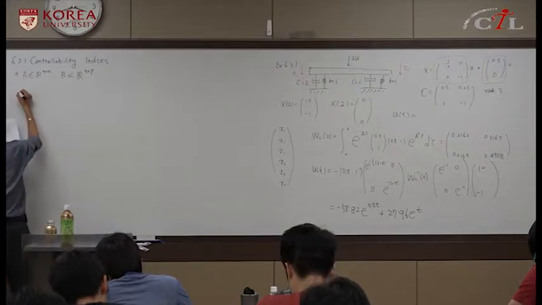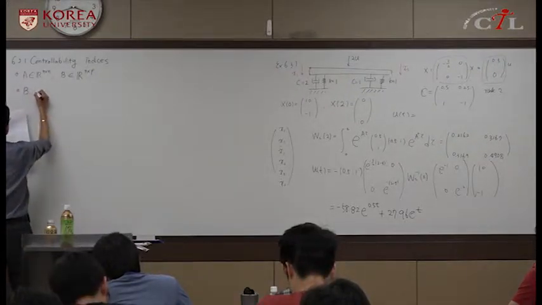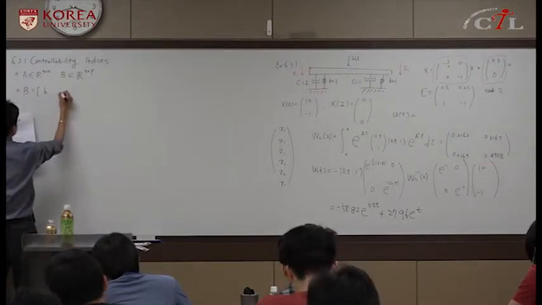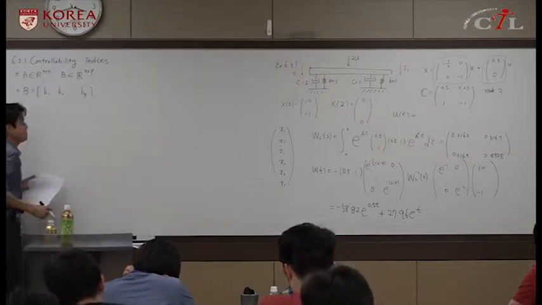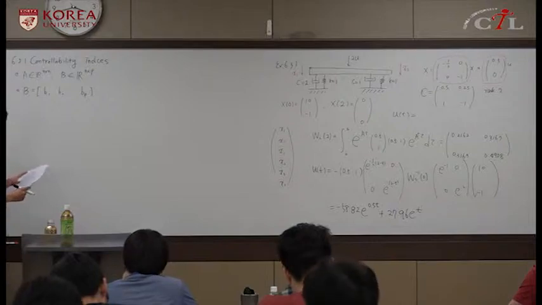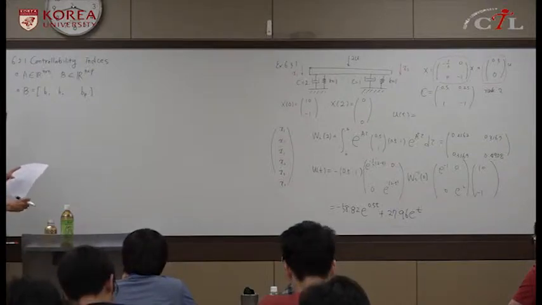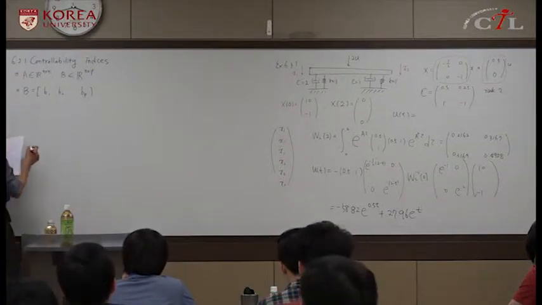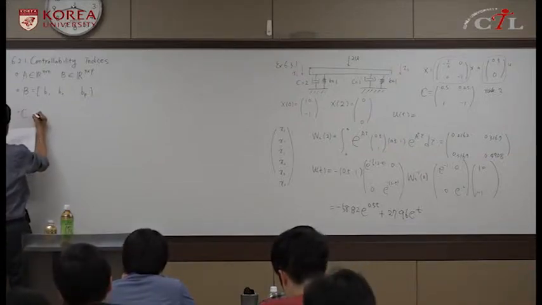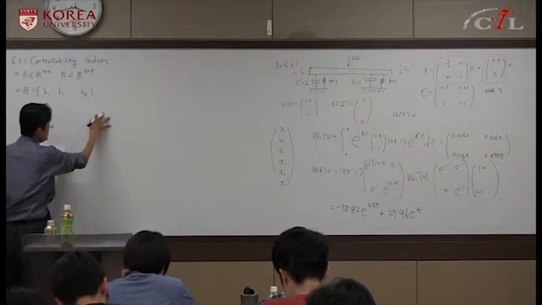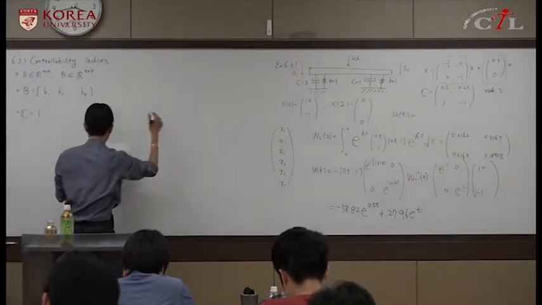That means B has p columns, B1, B2, up to BP. Then the controllability matrix is B, AB, A squared B, and so on.